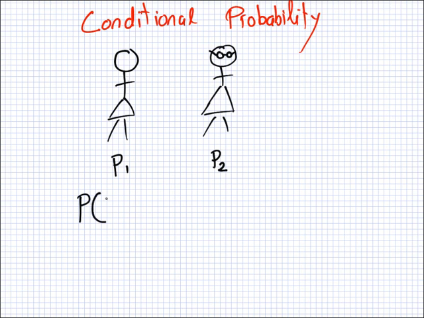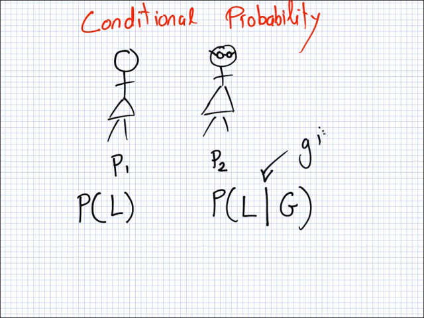So the way we distinguish that is we say the probability that this woman here is a librarian, so L, that's that one there. Whereas this one here is the probability that she's a librarian, but you have an extra piece of information, don't you? And we represent that with a vertical line. And she has glasses. So what this means is, given that you know that this person has glasses.